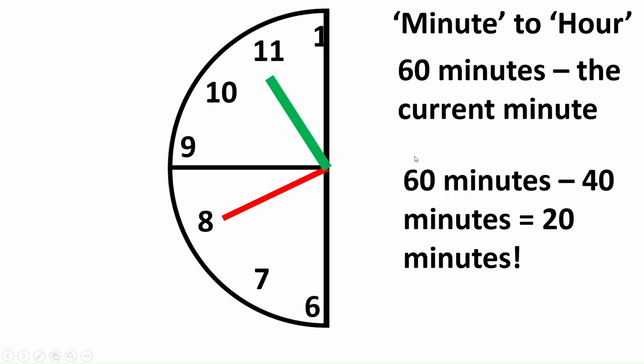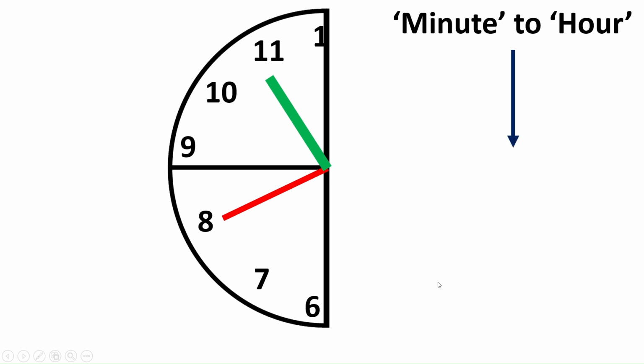So let's do 60 minutes, take away 40 minutes, which is equal to 20 minutes. So now we know that there are 20 minutes left until the next hour begins. So now we can say that it is 20 to 11. We say 11 because the hour hand is pointing at the number 11.